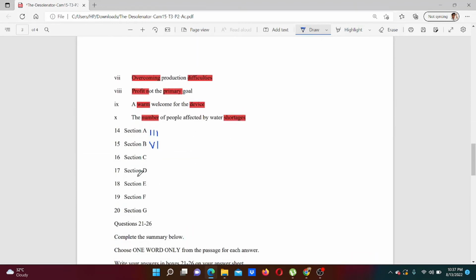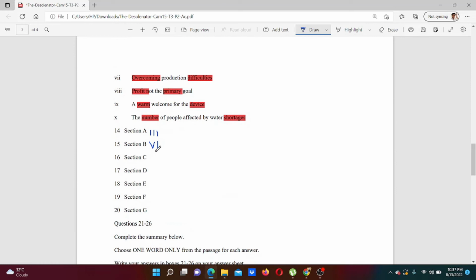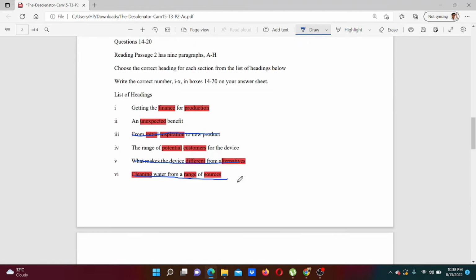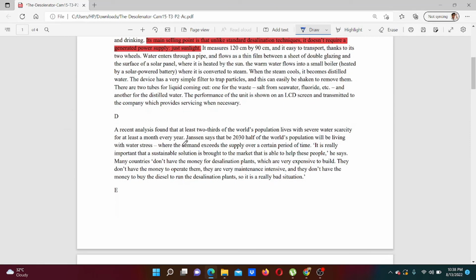Okay, so section C will be number 5. You can also cut their answer. We can carry on our reading.